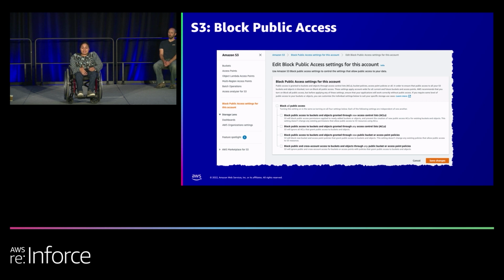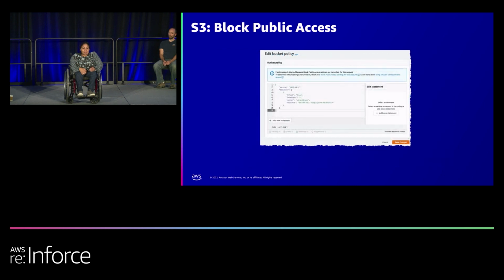If applying it at the account level works for you, do it. But if you're hosting some web assets in an S3 bucket in your account, apply it to all the other buckets where you don't have any need for it to be public. Now, it's a simple thing, but with this simple button, you can make a universal statement that says, my S3 buckets are not publicly accessible.